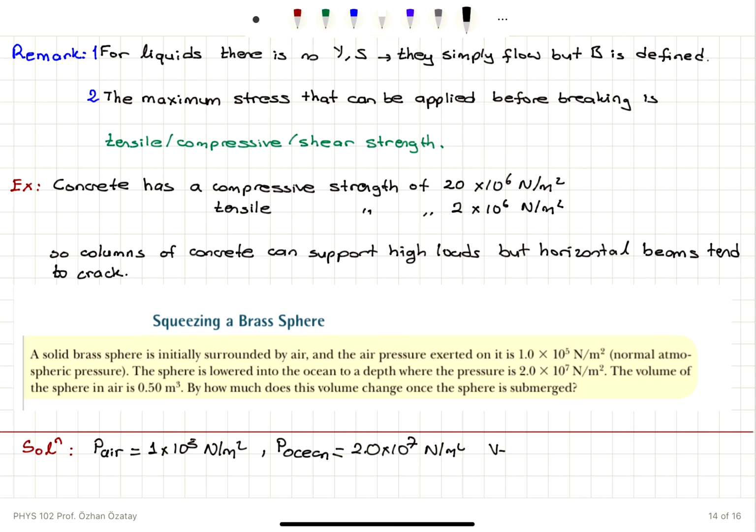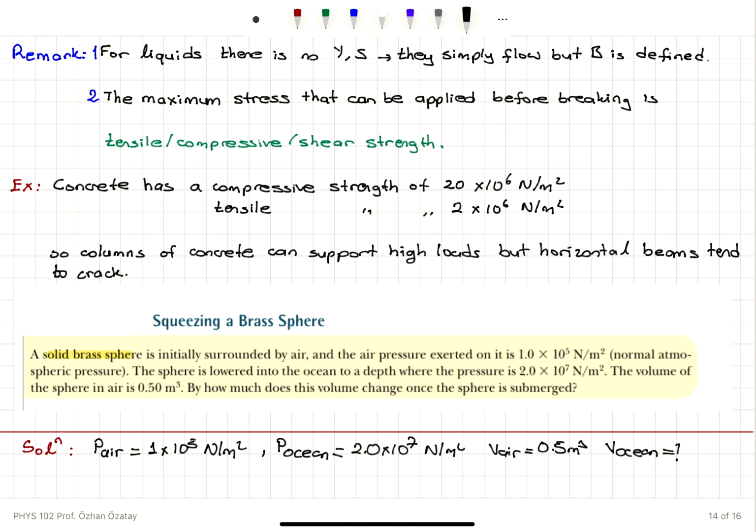We have the initial volume, 0.5 meter cube. We want to know the volume in the ocean. And we know that this is brass, a solid brass sphere.